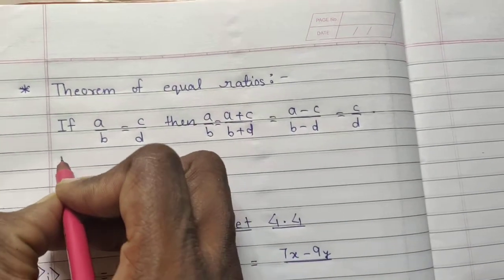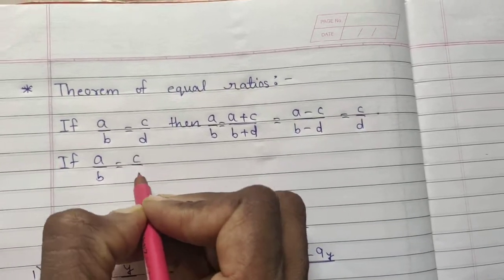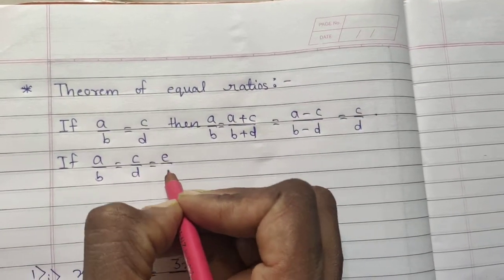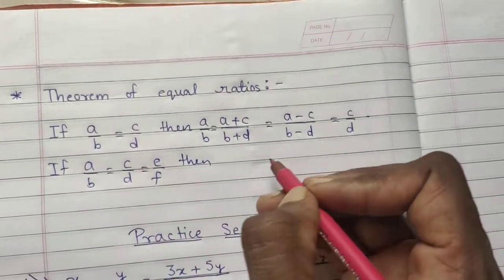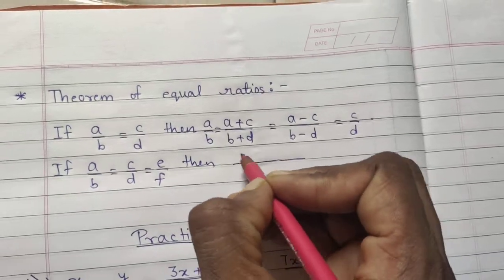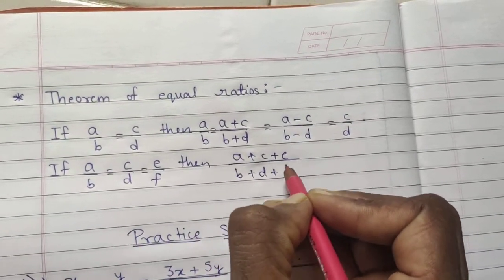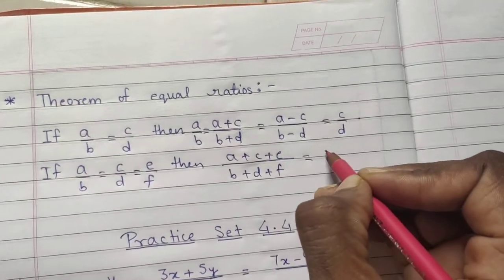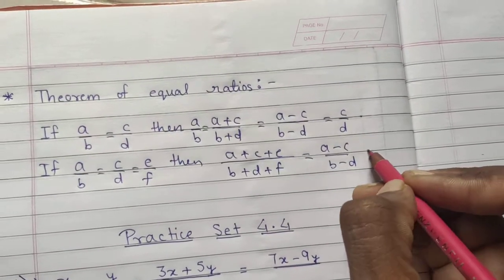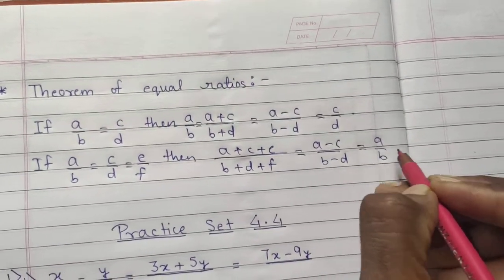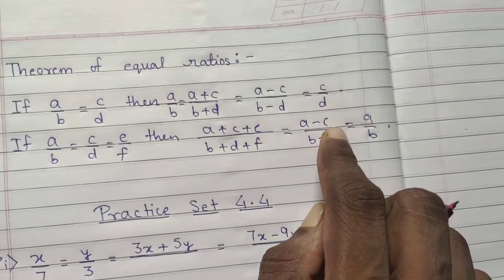Now suppose there are three ratios which are equal, like A upon B equals C upon D equals E upon F. Then you can add all the ratios, or even subtract any two ratios, and all are equal to your original ratio. So this is also the theorem of equal ratios.